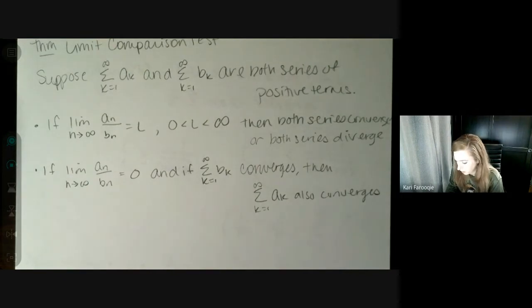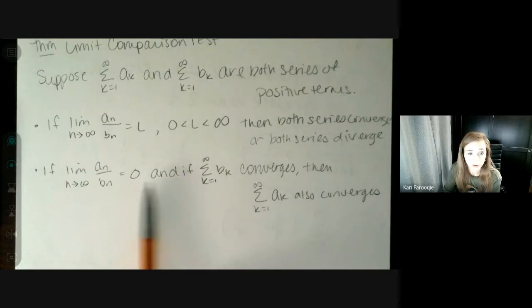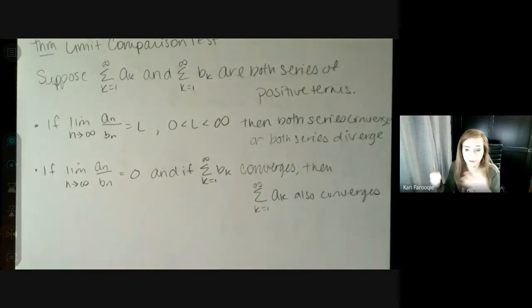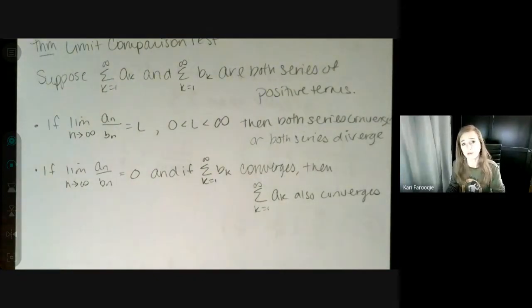So that's one option. Now, if you get a limit of 0 and your comparison series diverges, well, then we can't say anything. Either you need to use another test or you need to find a new comparison series, one that maybe does something differently than what you would expect, or maybe has a different limit. Because sometimes you know whether you're expecting your series to converge or diverge, but sometimes you don't know.